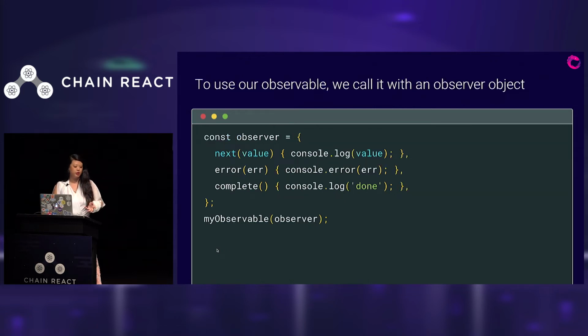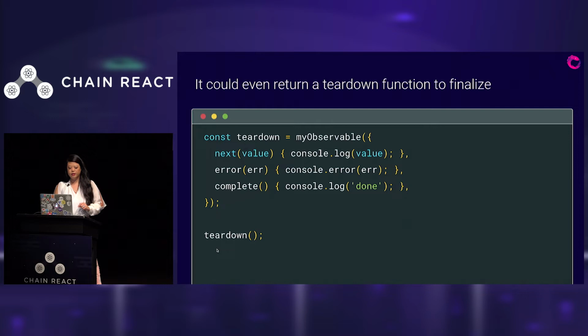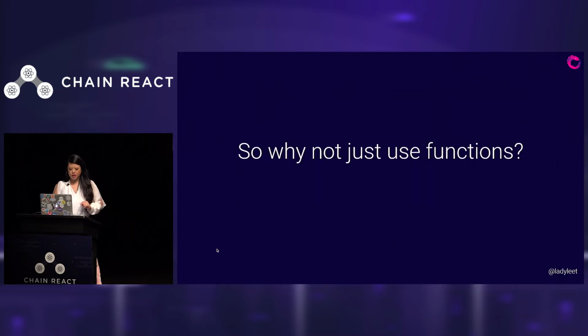Since our imaginary observable is basically just a function, if we want to use it, all we have to do is call it with the observer object. And it could also return a teardown function to clean itself up. So then the question is, why not just use functions? Because RxJS can handle some of the stuff that functions can't, which really helps improve the developer experience.